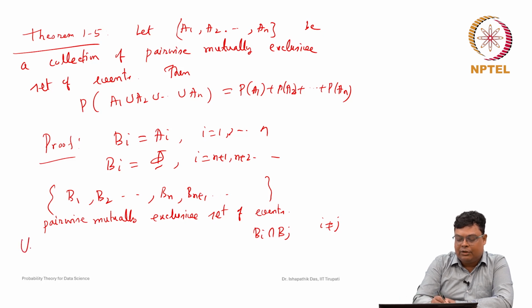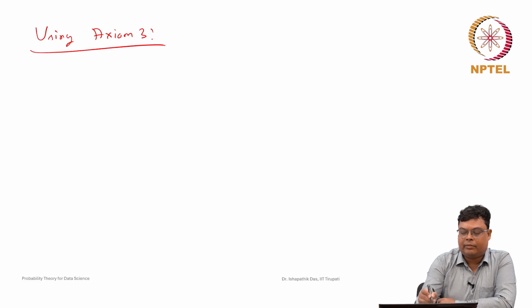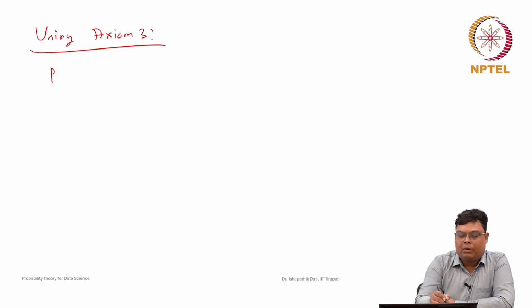Hence, using axiom 3, the probability of B1 union B2 union, like this infinite collection, will be the summation of the probabilities.